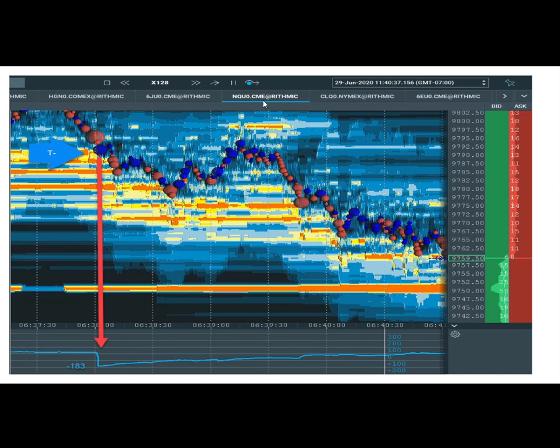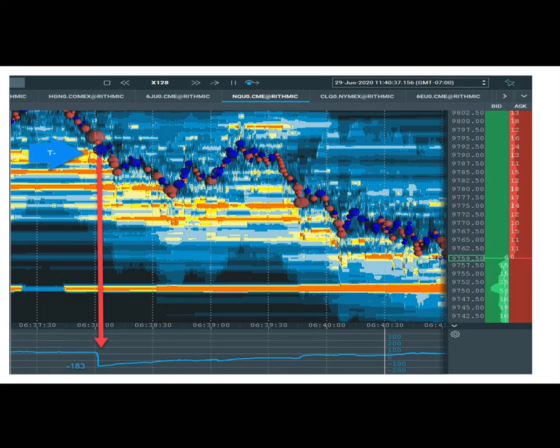So this was NQ. You can see here as the market came down, there was heavy selling, and then all of a sudden they turned around and tried to buy it right here, and they ran into a wall of sell orders, 183 sell orders.